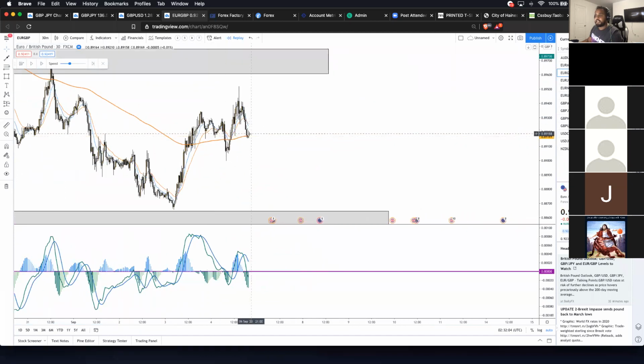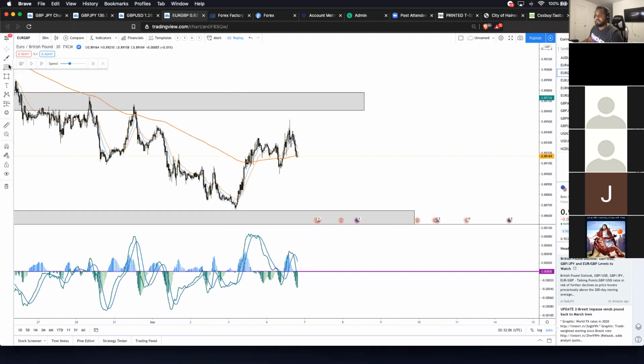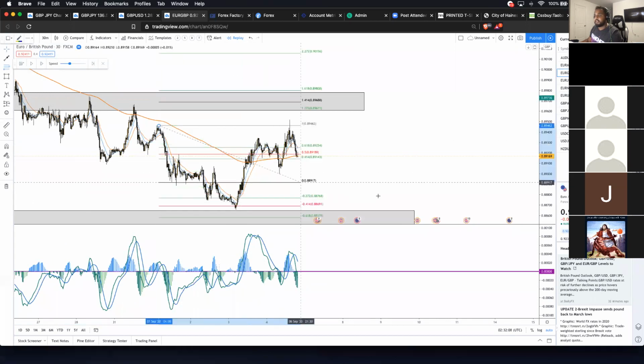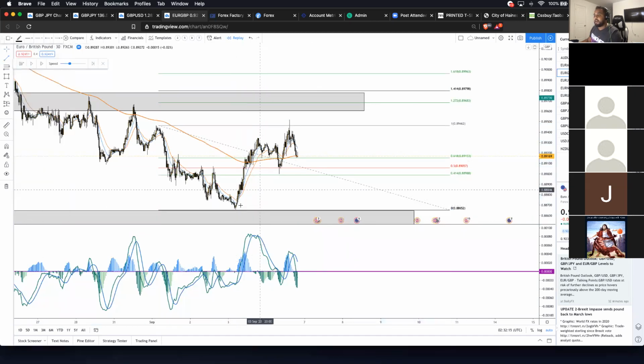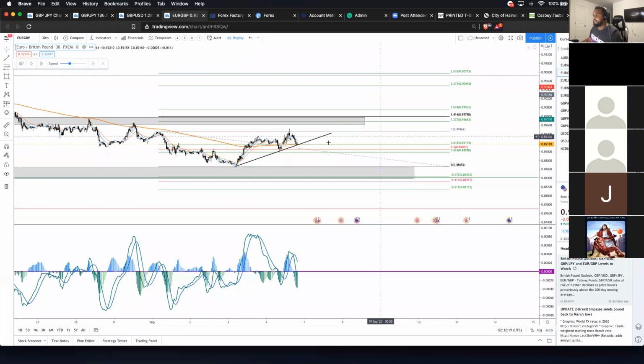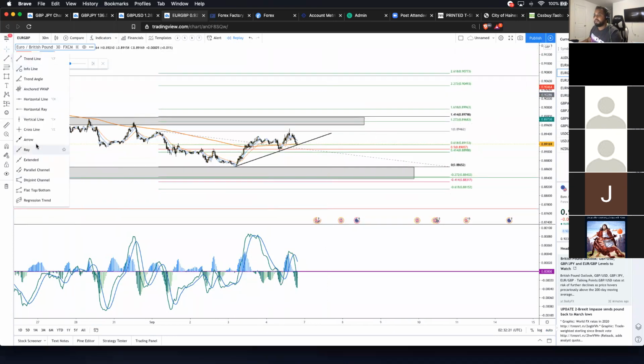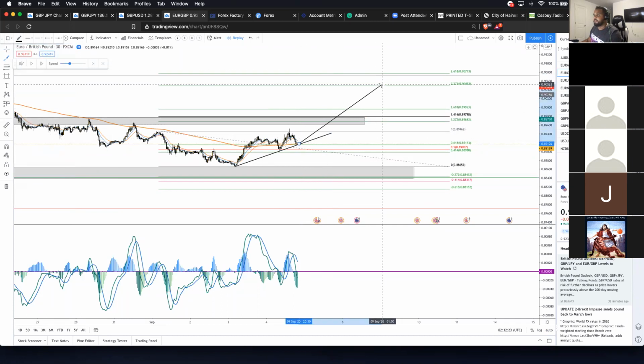So we have a rejection off the 200. If we are correct, we're gonna measure the last move down before the market actually hit and created these higher lows here, right? And if I'm correct, the market will make a move to the upside here, right?